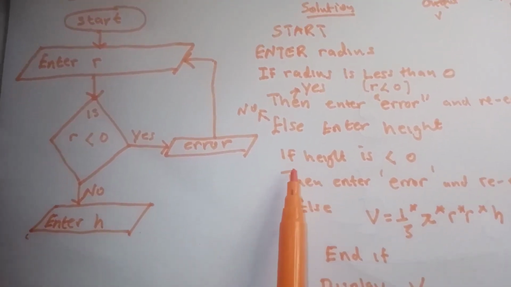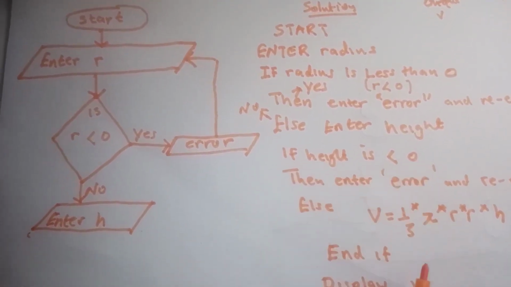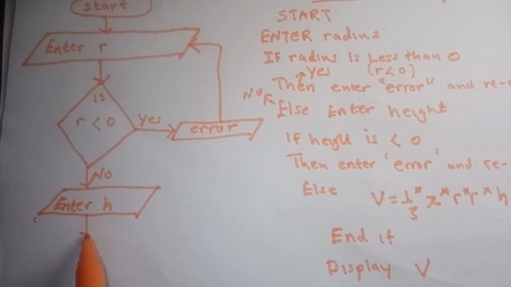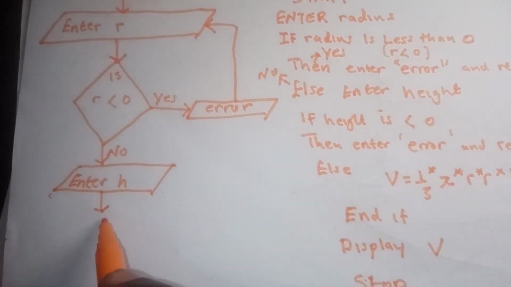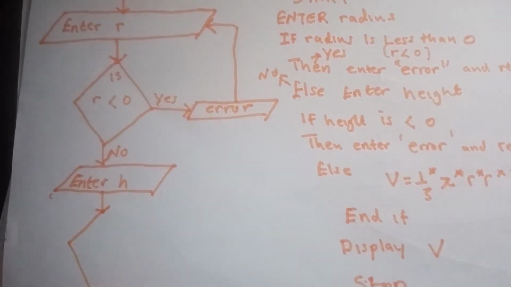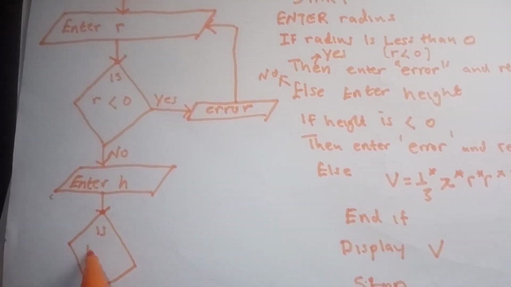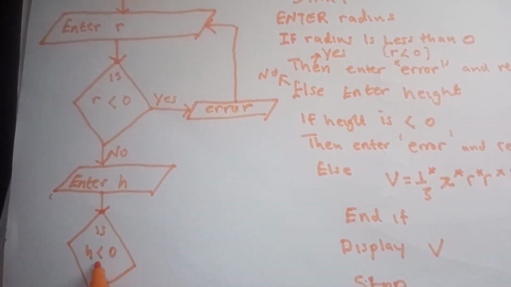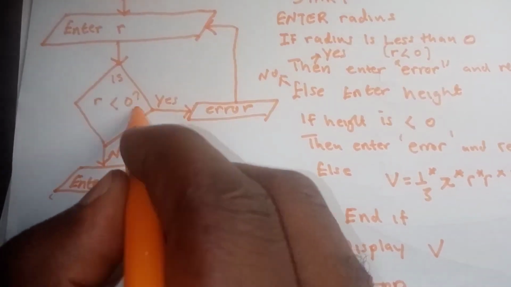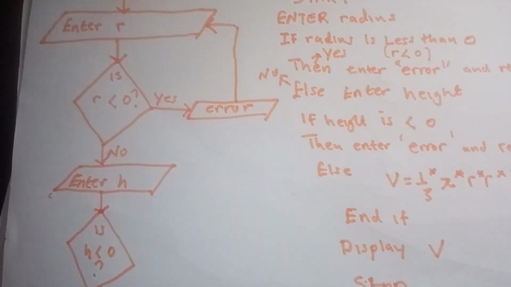Then again we have another condition: if height is less than 0, we go down to a diamond for making a decision. Is h less than 0? This is a question, so put a question mark.